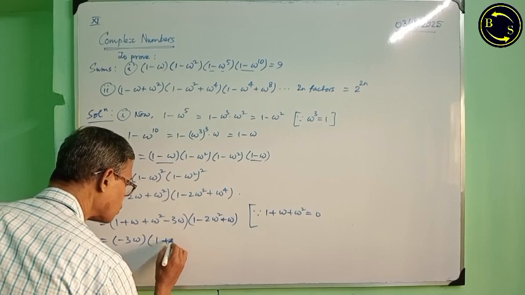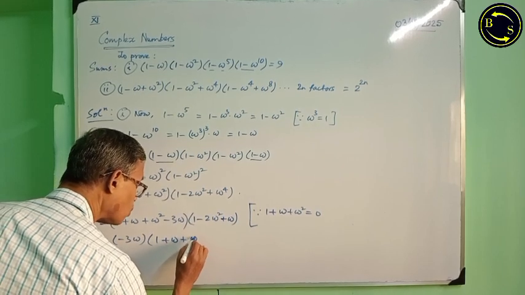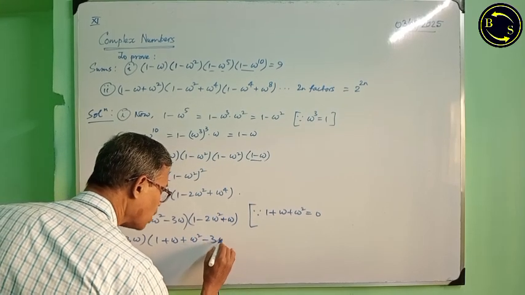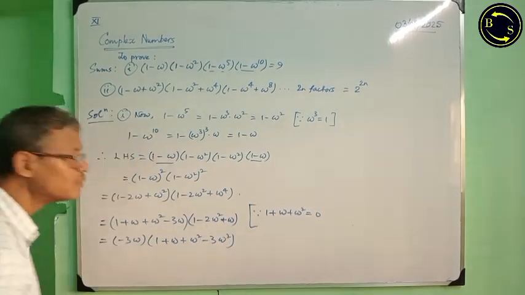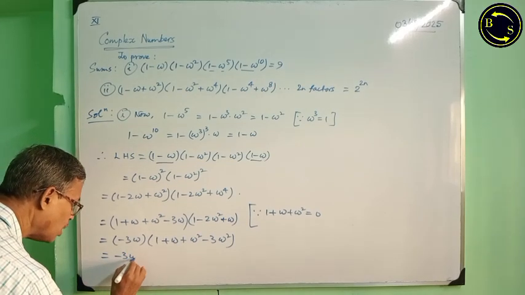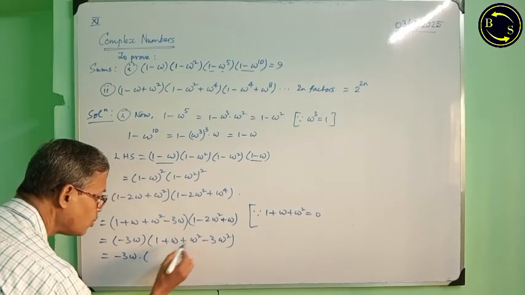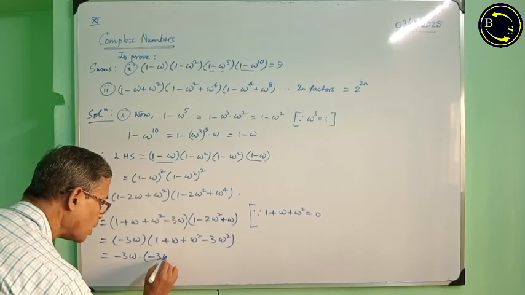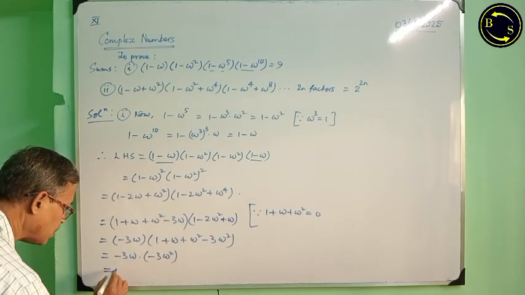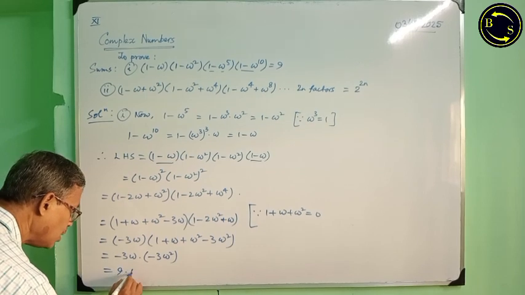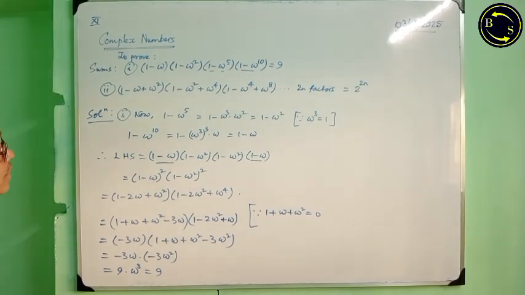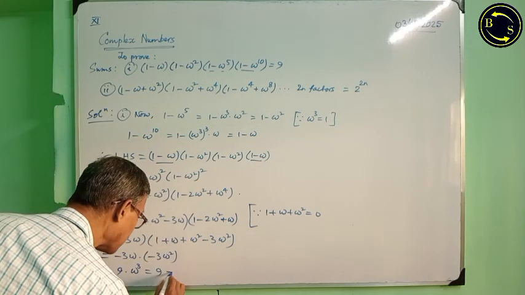And for this part, 1 plus omega square, there is minus 2 omega square, therefore minus 3 omega square for adjustment. Minus 3 omega into, this is 0, minus 3 omega square, minus 3 into minus 3, that means 9 into omega cube, finally 9. Therefore, the value is 9.